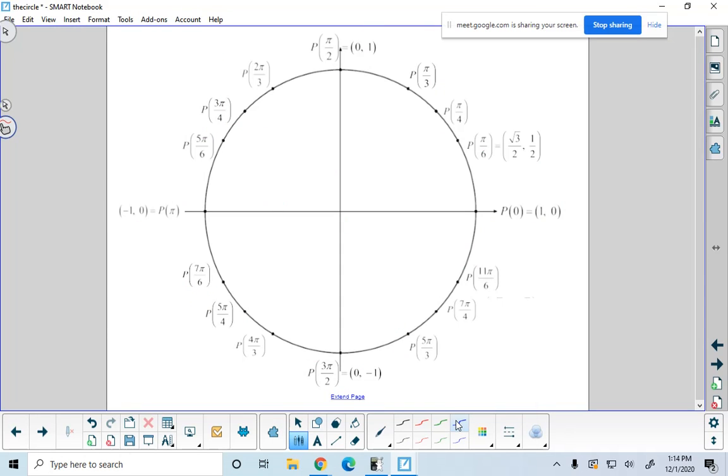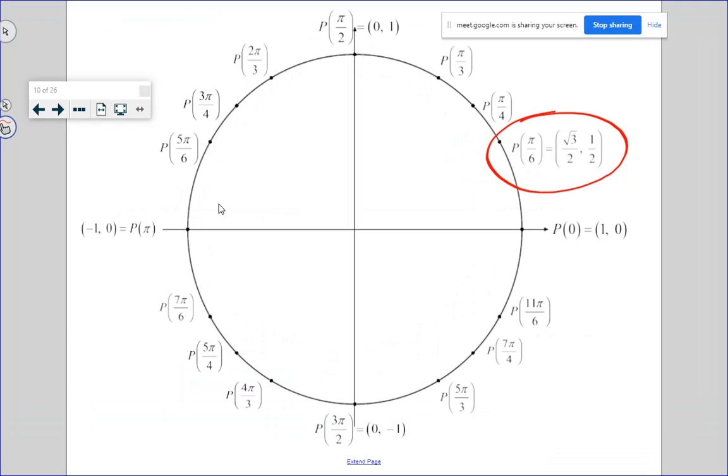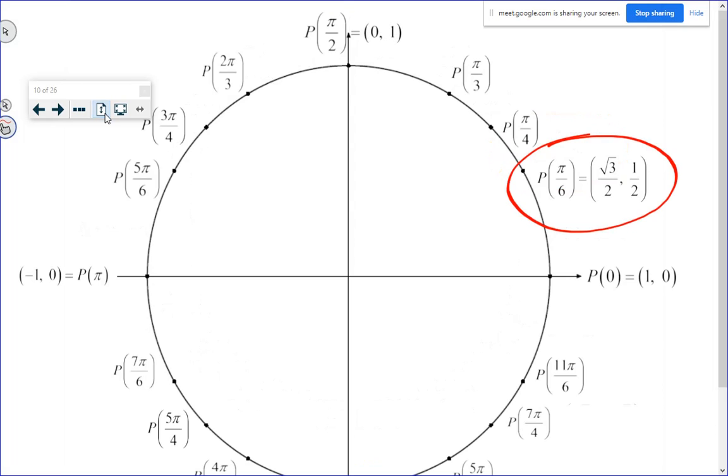So if you look, I'm going to be drawing on this and then stuff will be disappearing. The coordinates of this point are root 3 over 2. I'm going to make this a little larger still, even though some of it will be off the screen because I want it to be as large as possible. So this is root 3 over 2 comma a half. Let's label in now that point.